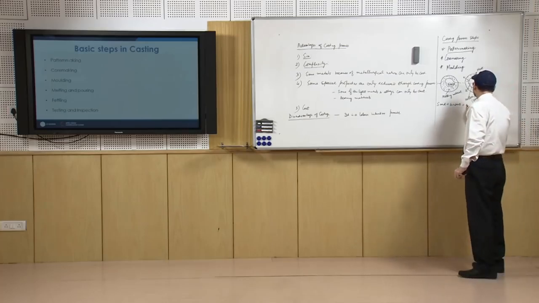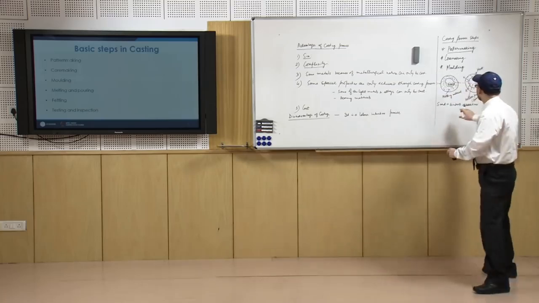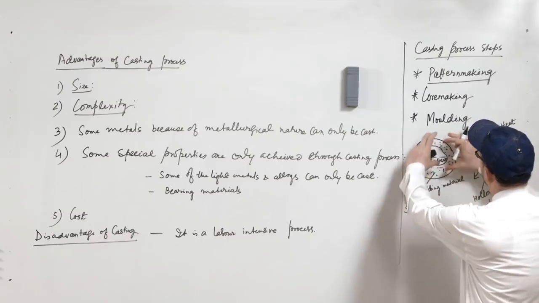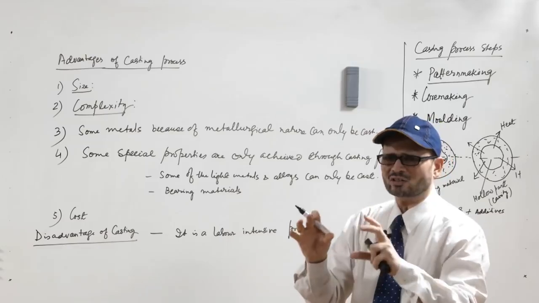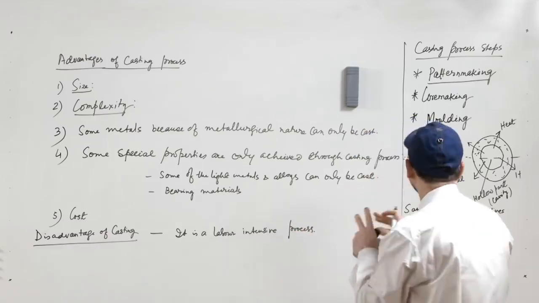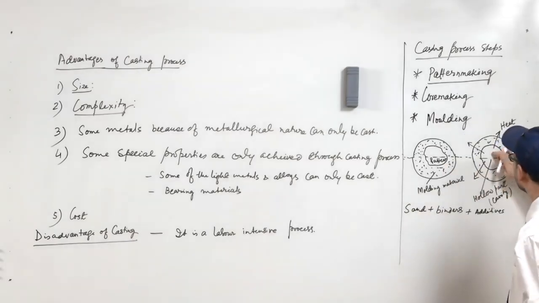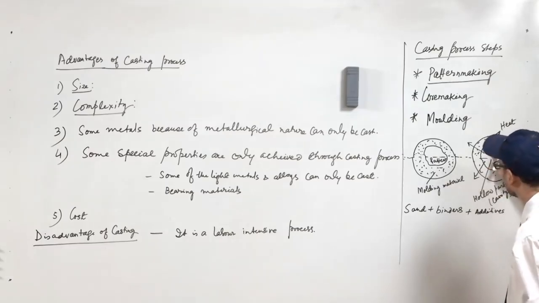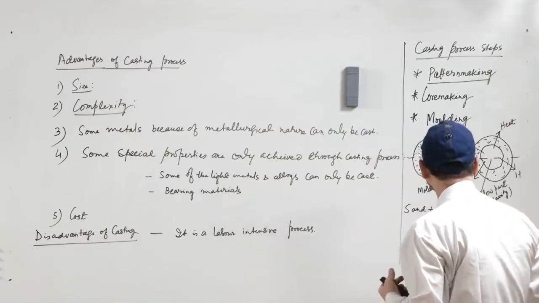You also add additives that we will discuss later, what are the functions of the binders and additives. Basically we are putting all that so that it has a flowable property, it goes around the pattern and takes all the minute details, and then once you have this shape, when the metal is poured it gives you the cast product after solidification.